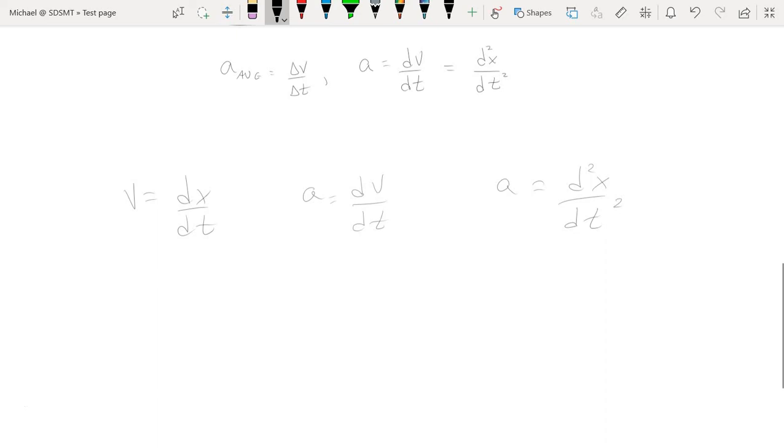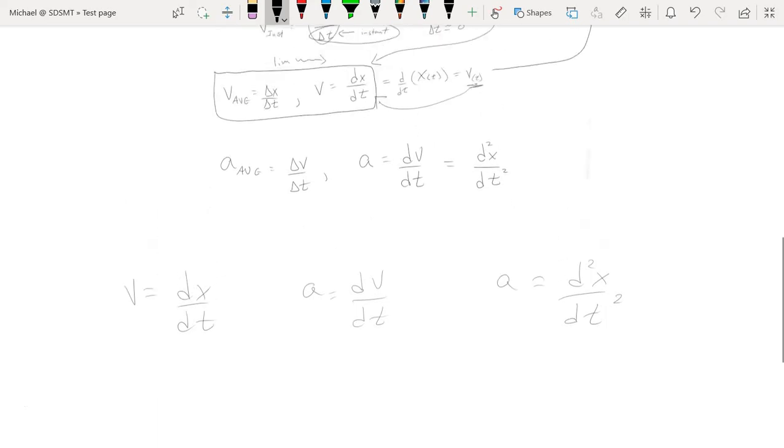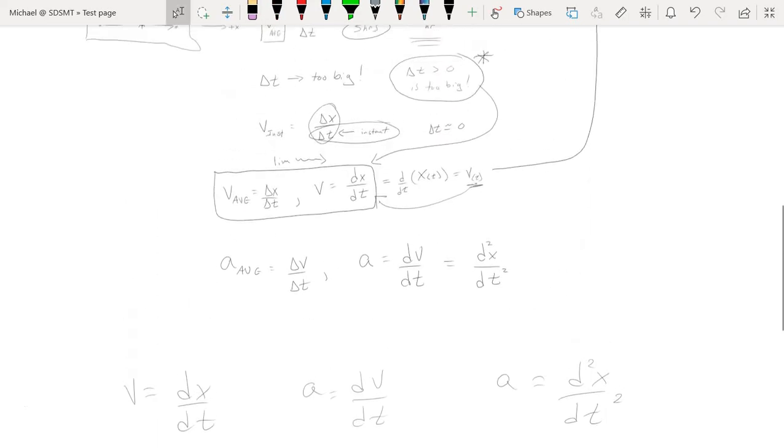Again, we've all been through calculus 1, but we're going to review the process that Newton came up with for being able to take the derivative of a function. But for right now, I'm going to leave us with this.